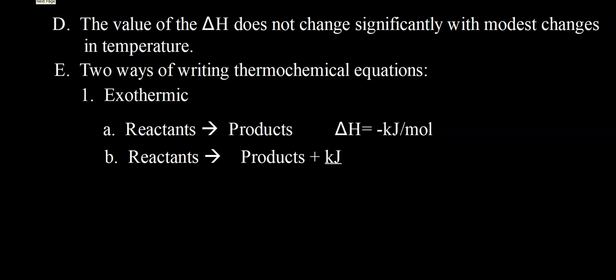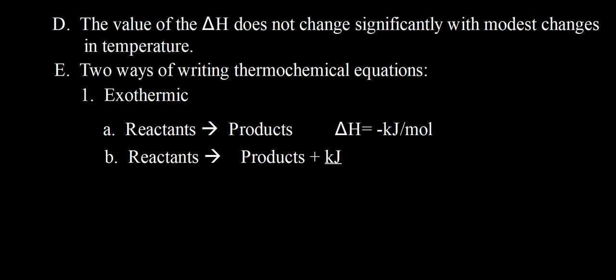All right, something else to keep in mind is that though delta H may change with changes in temperature, we're going to say that the value of delta H does not change significantly with modest changes in temperature. So just assume that delta H for a reaction is a constant regardless of the temperature that the reaction occurs at.